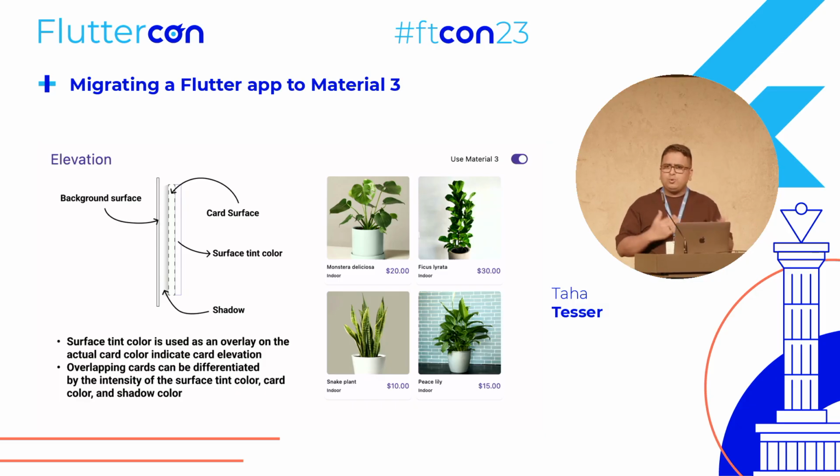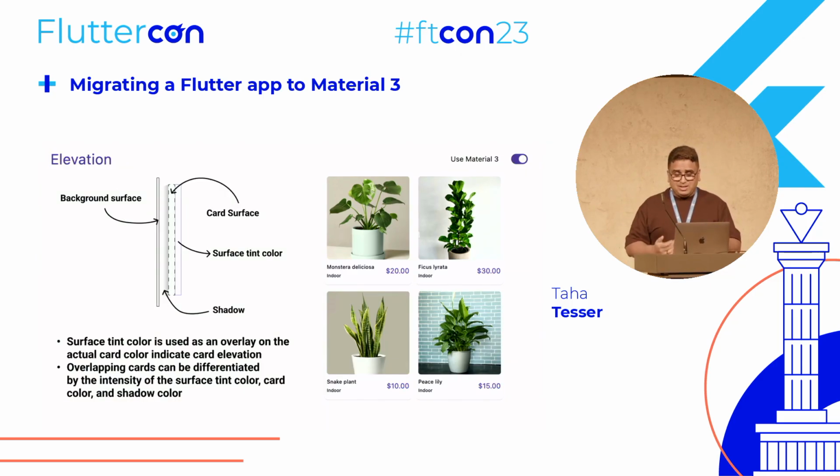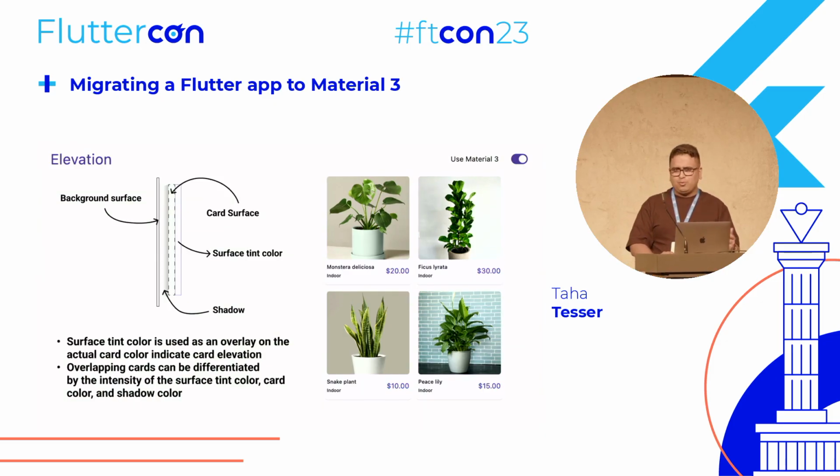When you overlap 2 cards, in Material 2, you could only see the shadow to determine which card is elevated on which card. In Material 3, you can also see the intensity of the surface color. If it has a higher elevation value, it will have a higher intensity of surface color. But you can see the problem here. When I switch the same card to Material 3, they are not white anymore, or they are not neutral as the background anymore.